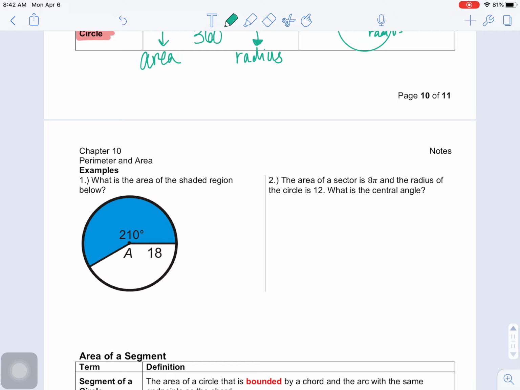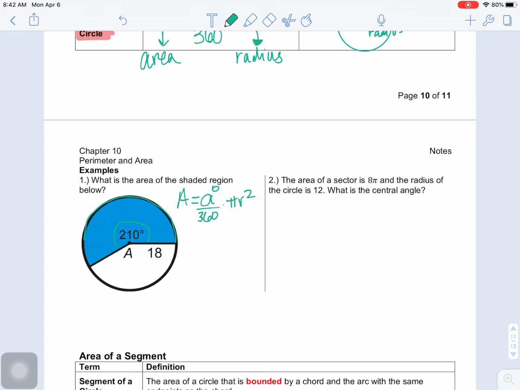In example 1, we are looking to find the area of the shaded region. Again, I highly recommend writing out the formula. So arc over 360 times pi r squared. In this scenario, we are given the central angle of 210.